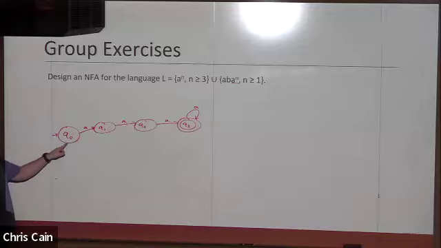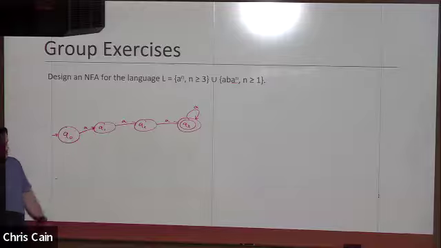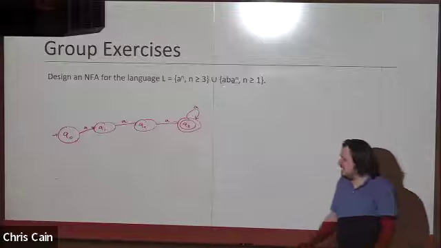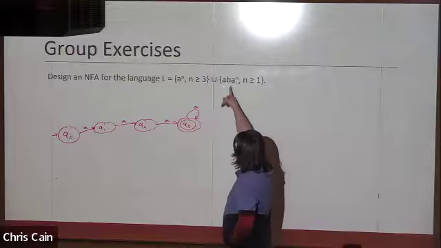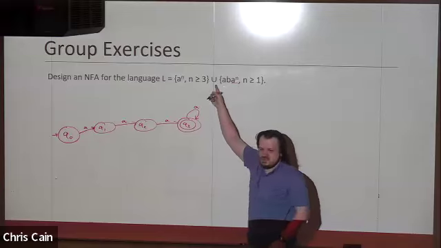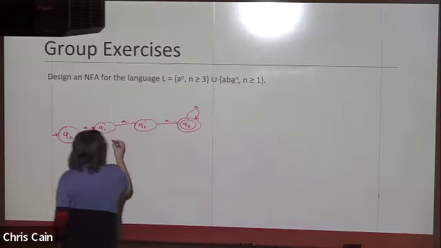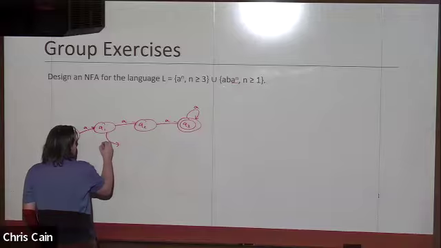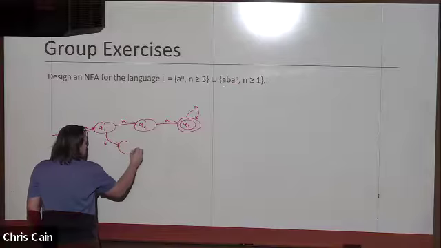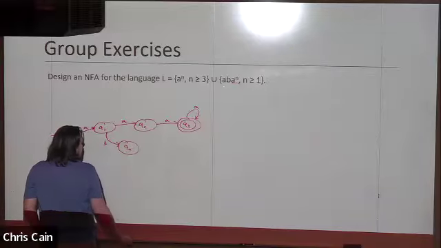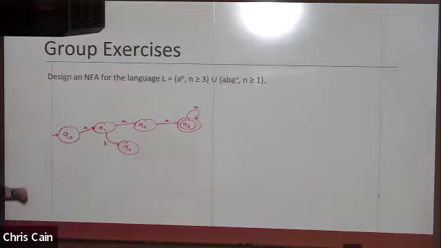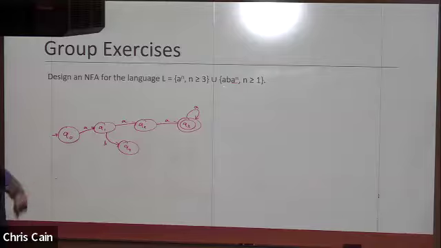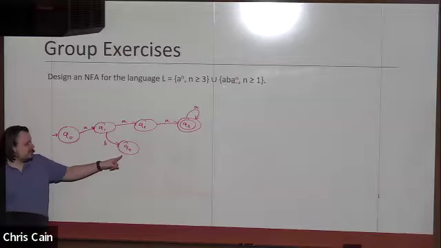So A, B, A to the N, we want to see that first A getting us from Q0 to Q1. That's the first A in the right-hand side. Once we're at that point, we can now see a B, because this is a union, think of it as an OR. So we need the ability to, we're going to call this Q4, distinct from Q1, going to Q2 on an A, now we'll go to Q4 on a B. This is, if we happen to be on the right-hand side, we're going to take that path.